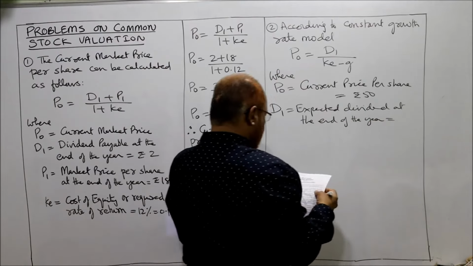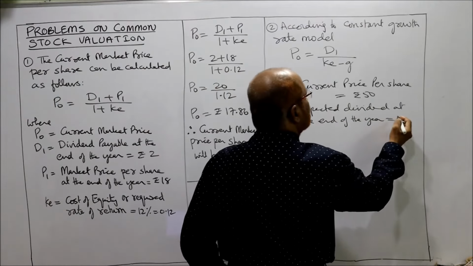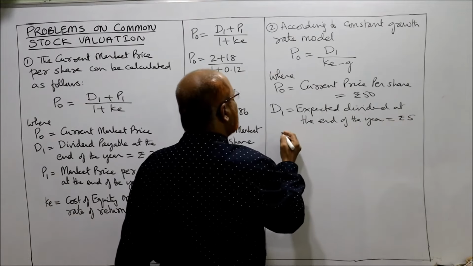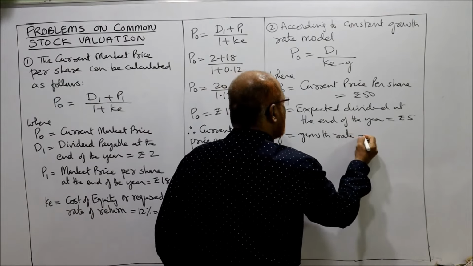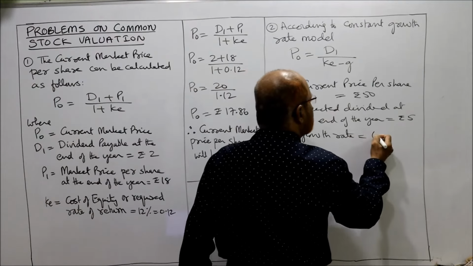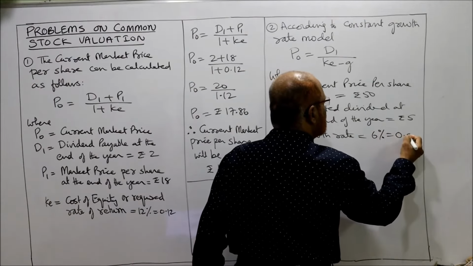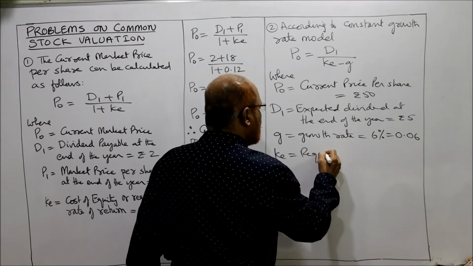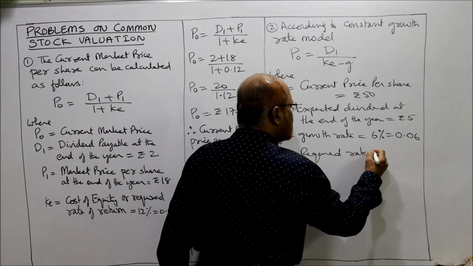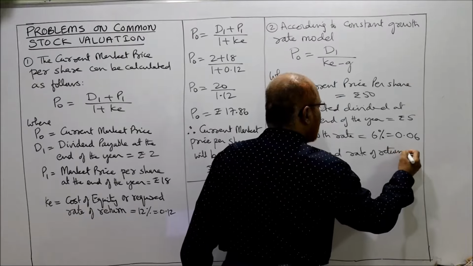How much is the expected dividend end of the year? 5 rupees. And G is equal to growth rate. Growth rate in dividend is given in the problem as 6%, that is equal to 0.06. KE is equal to required rate of return. This is what we have to find out.